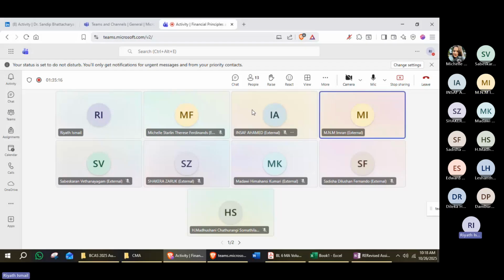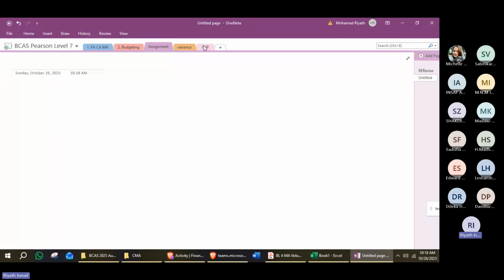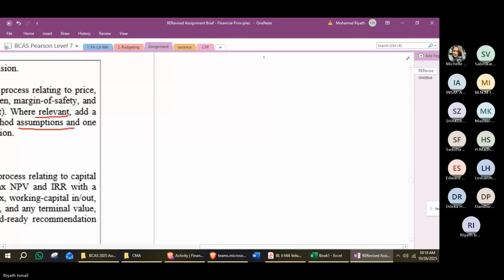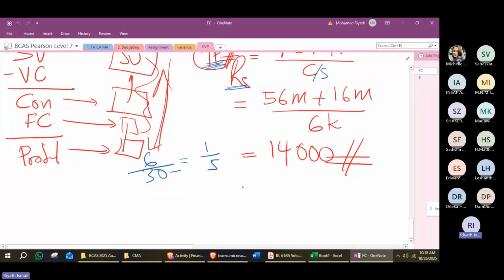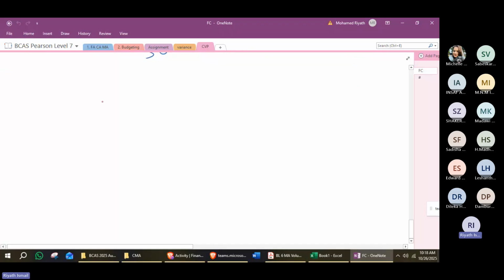Very good question. He has some confusion because of this. I'll explain. Here in marginal costing, we talk about contribution and profit.